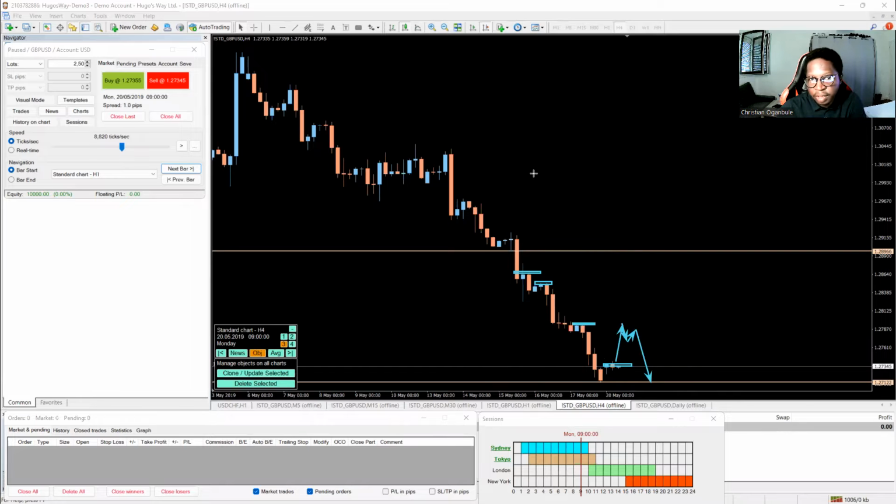But if price does something like this, where instead of continuing down, it begins to hold a higher support from this previous daily support level, then one could try buys to retest that high and see if this is the start of a new range or some potential pullback on the higher time frame.